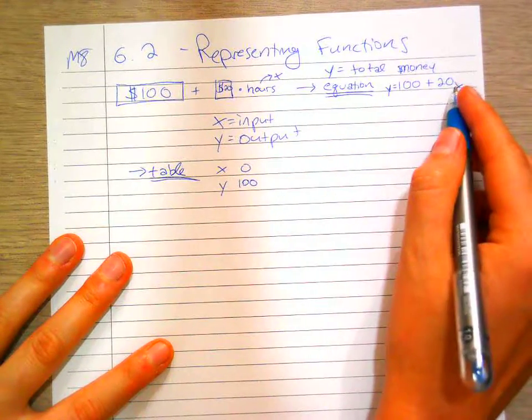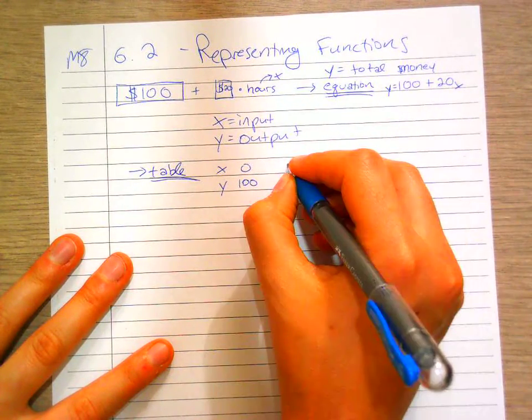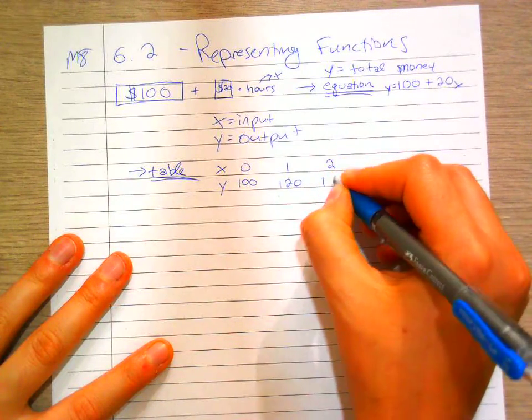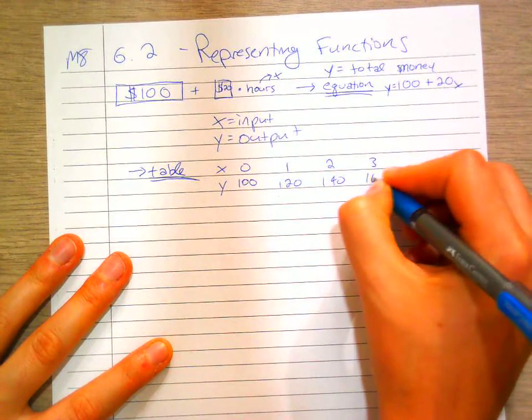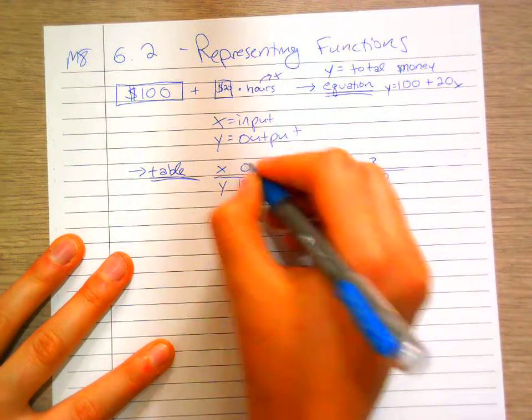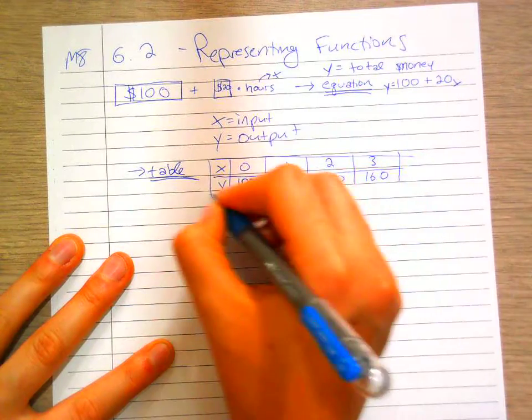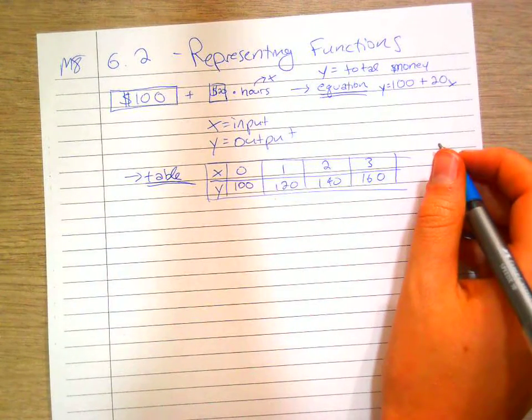When x is 1, y is 120; 2, 140; and 3, 160. That's how you write it in a table of values.